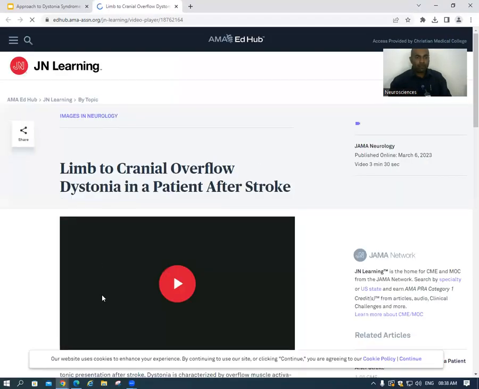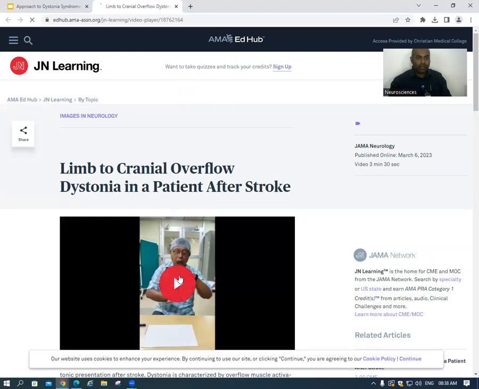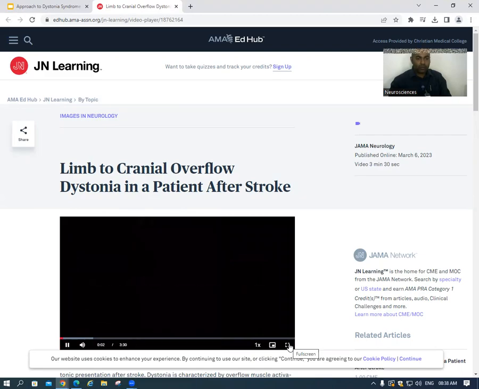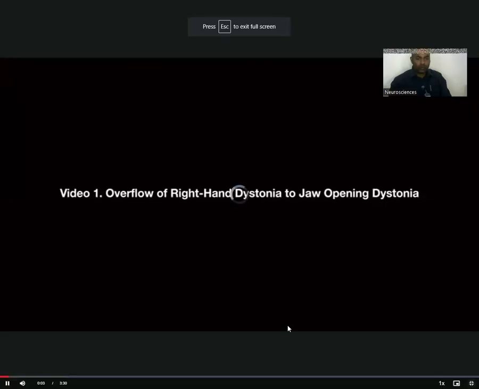Well, again, we'll come to a video of that. So it's a video about limb to cranial overflow dystonia in a patient with stroke, post-stroke dystonia. So overflow of right hand dystonia to jaw opening.